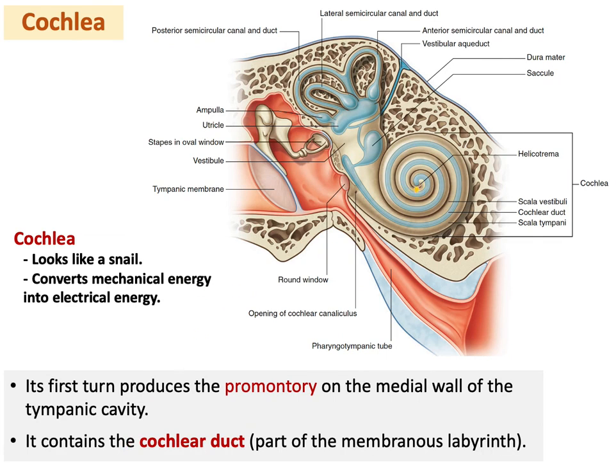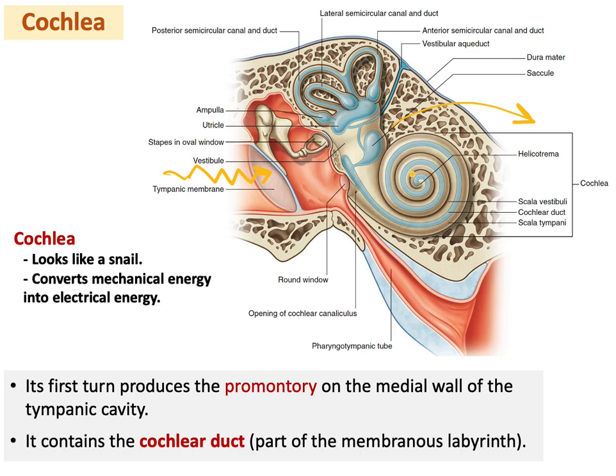The cochlea, which looks like a snail, at the end of the day converts the vibration coming to the eardrum and transmitted through the ossicles. It converts the mechanical energy into electrical energy and signals carried by the vestibulocochlear nerve to the brain, right?